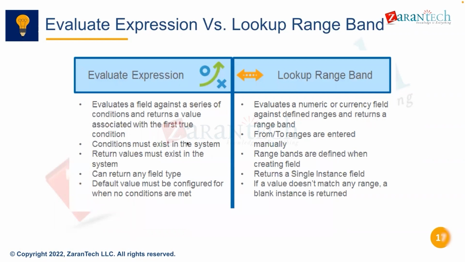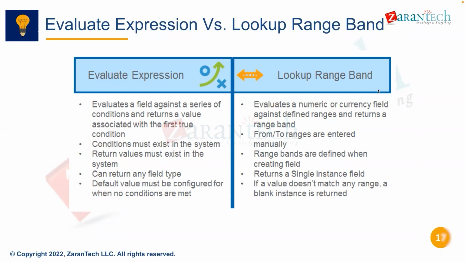The last topic of this will be the difference between these two, because what can be achieved through lookup range band can also be achieved through evaluated expression. The other way is not true. You can't have everything achieved from evaluated expression in the lookup range band, but where does the lookup range band come in handy is going to be a question.